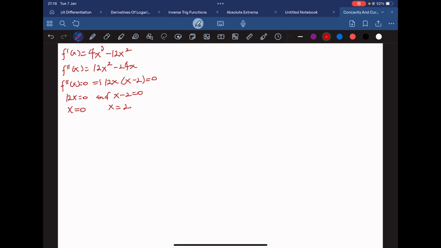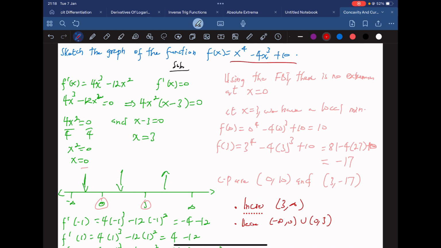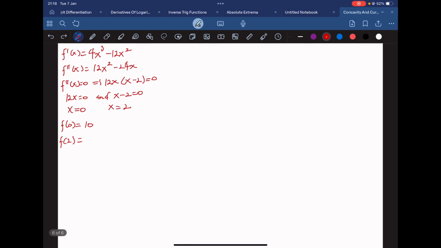So we have two inflection points, but we have to find the corresponding y values, right? Already we know that f of 0 gives 10. So let's find f of 2. Remember, we are putting it back inside this. So f of 2 is 2 to the exponent of 4 minus 4 times 2 cubed plus 10.